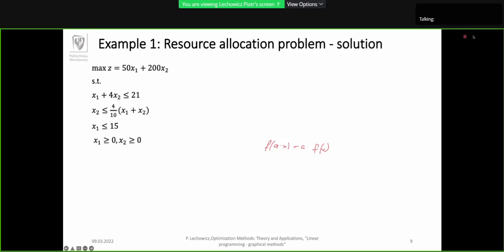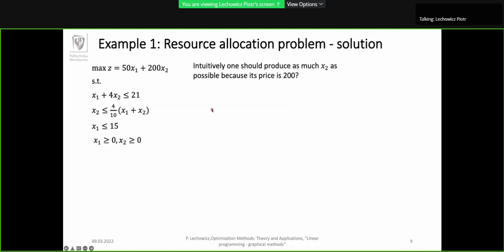So here we have our optimization problem, which we will try to solve. So intuitively, one should produce as much as possible of the larger diameter cable because its price is higher.